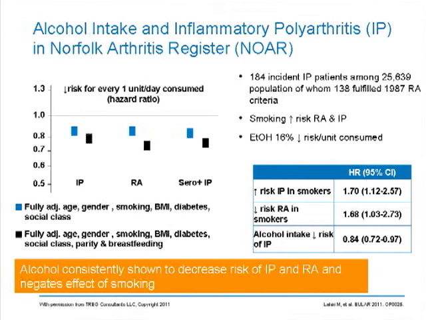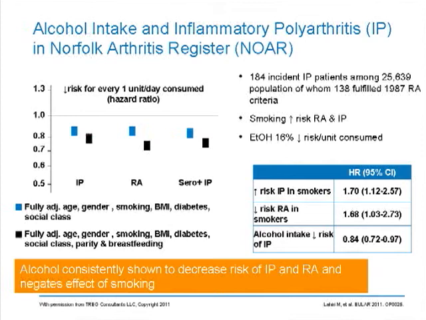Alcohol intake and inflammatory polyarthritis. It's from the Norfolk Arthritis Registry. An interesting study. This is 184 incident inflammatory polyarthritis patients among a population of over 25,000, of whom almost 140 fulfilled the 1987 RA criteria.